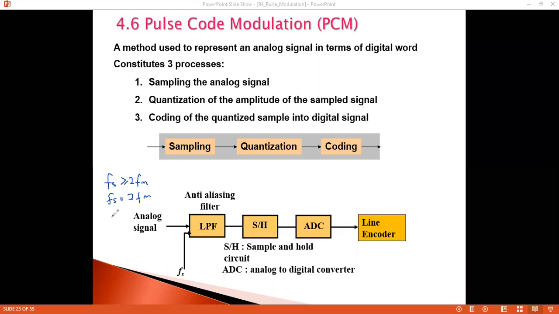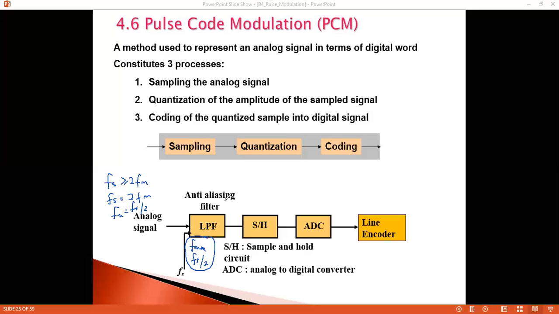So Fm then has to be limited at Fs over 2. That's why we have the anti-aliasing filter here, so that Fmax is cut off at Fs over 2. This is to ensure that there will be no aliasing, and that's why we have this term anti-aliasing filter.